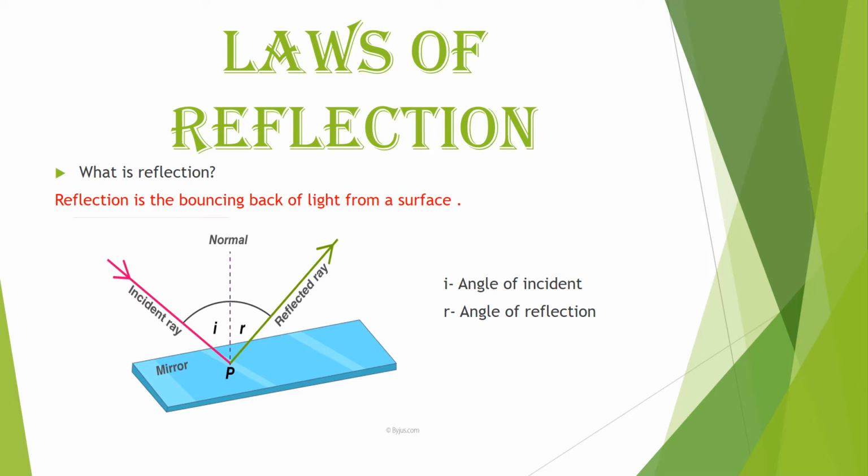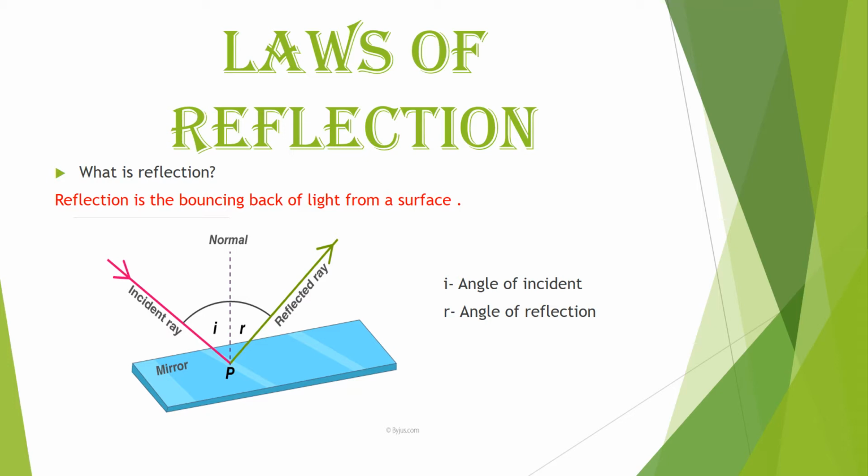The reflected ray enters our eyes, allowing us to see the image in the mirror. Okay, then look at the picture again very carefully. You can see there is a normal in between the incident ray and the reflected ray.